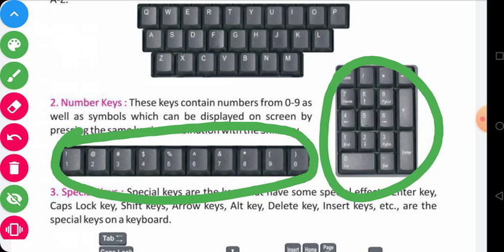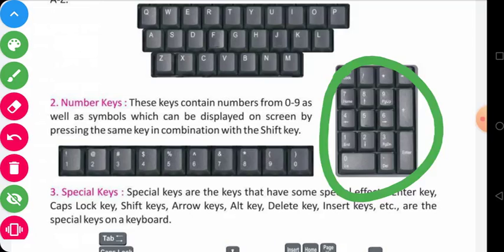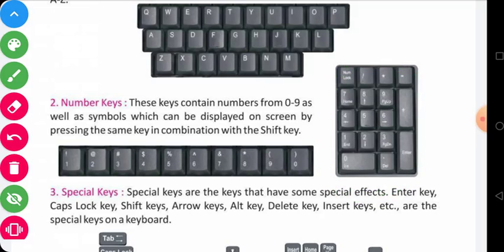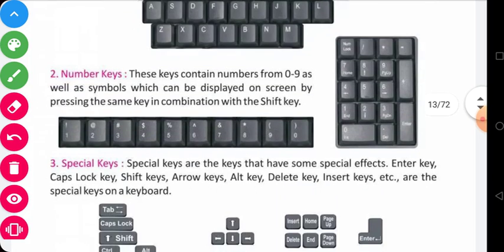These special symbols are used with the help of the keyboard by using a shortcut. That is, we press the shift button and the following key, then we can easily access the special symbols on the keyboard. Now we know 3 types of keys: alphabet keys, number keys, and special keys.